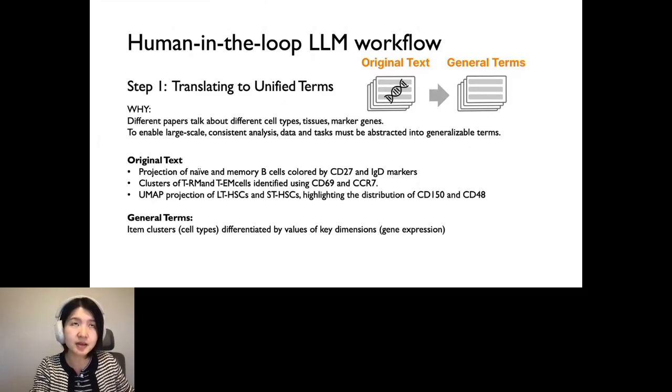That is because among the more than 1,000 papers, even though they are all about single cell analysis, they might use very different terms to describe different cell types and tissues, even when they are performing very similar types of analysis and using similar visualizations. So to enable large-scale, consistent analysis, we need to abstract those specifics into more generalizable terms.